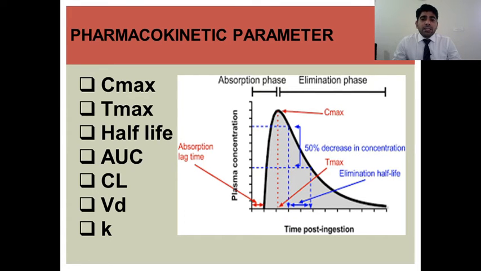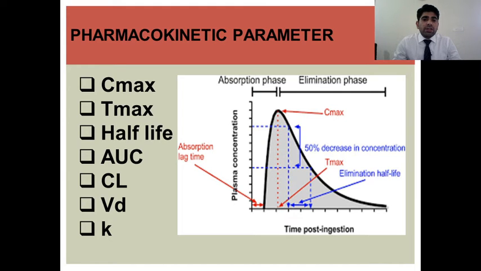It represents the bioavailability of the drug, basically how much gets absorbed. Next, after the absorption, you can see at the top Cmax. Cmax is the maximum concentration of the drug that is achieved in the plasma after the dose we have administered. Got it? So this is the maximum concentration that can be achieved in the plasma after an oral dose, or any kind of administration.